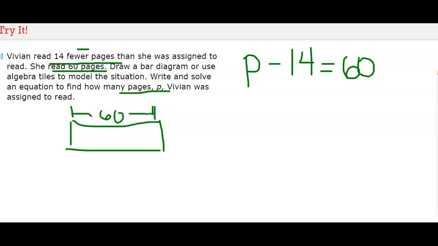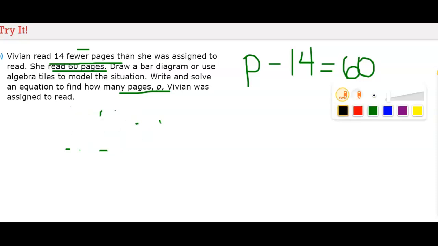And then she read 14 fewer than she was supposed to read. Actually, let me work backwards here. Let me erase this. Let me change that up, I'm sorry.